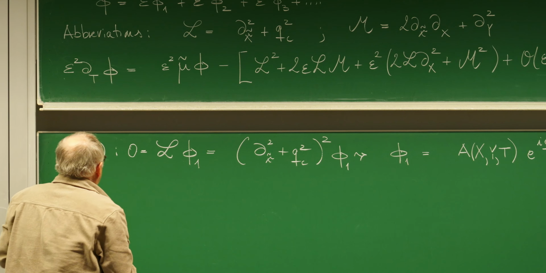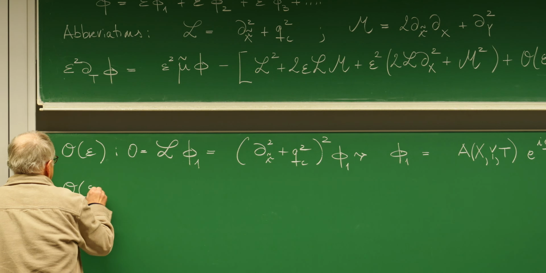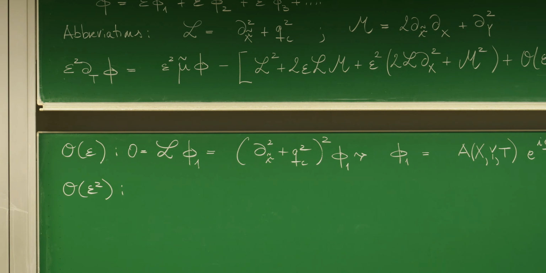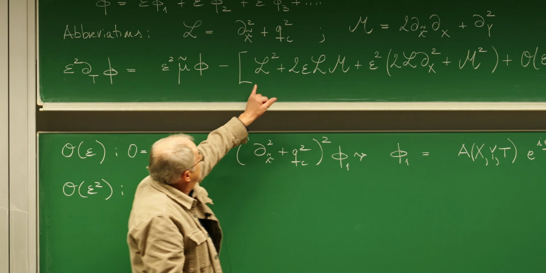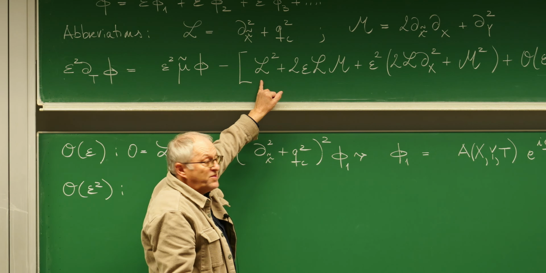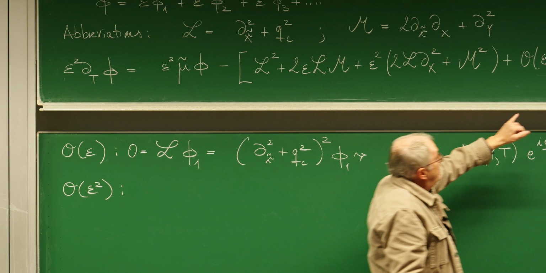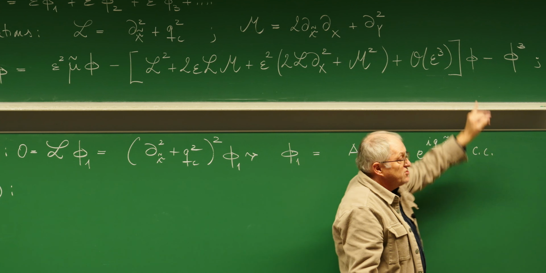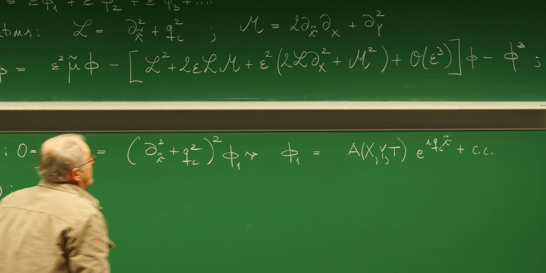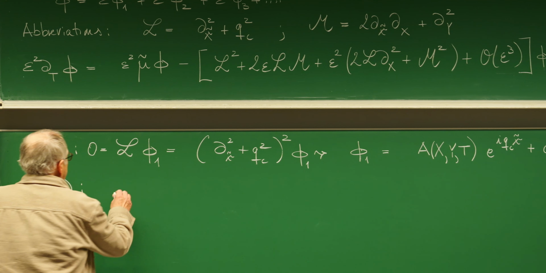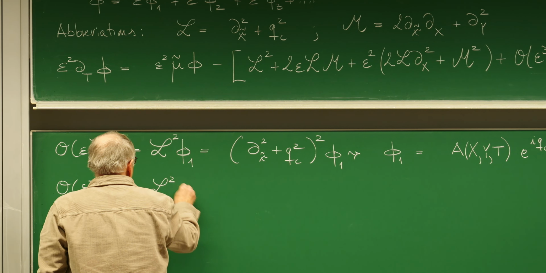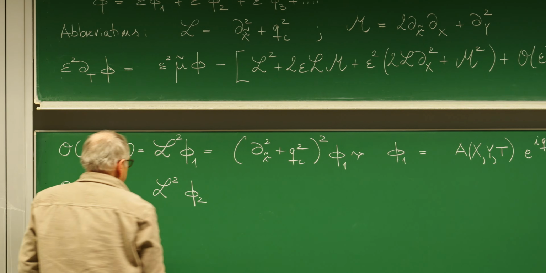Now let's go to next order. Order epsilon squared. What do we have there? Well, we can do the counting when we have this operator L squared and multiplied with phi. There's also going to be an order epsilon squared term, not just the order epsilon term. If I take for phi the phi 2 term, sorry, there's a square here, I forgot this. There's L squared phi 2.